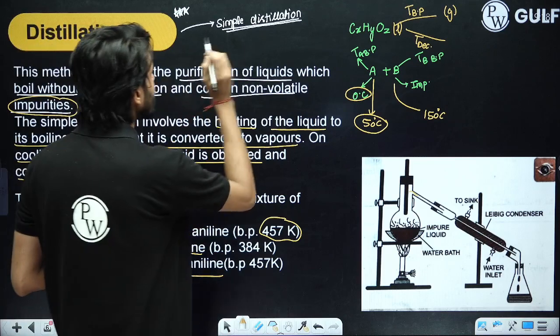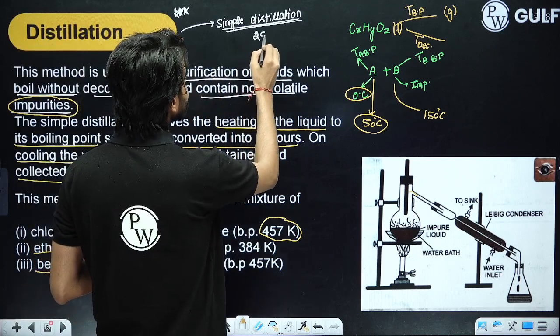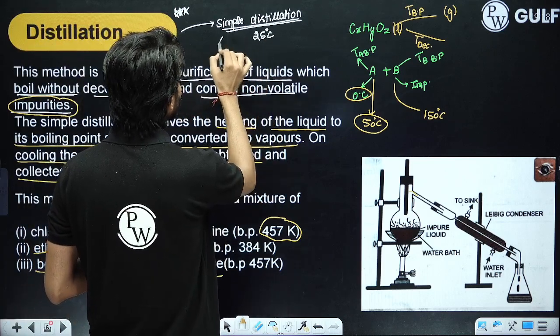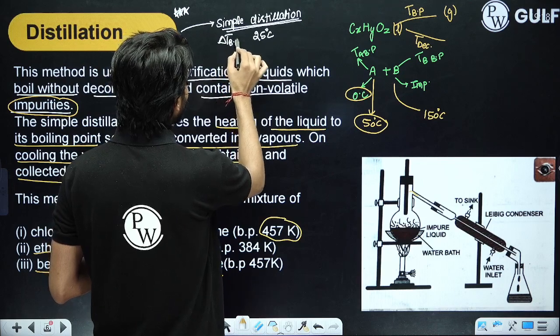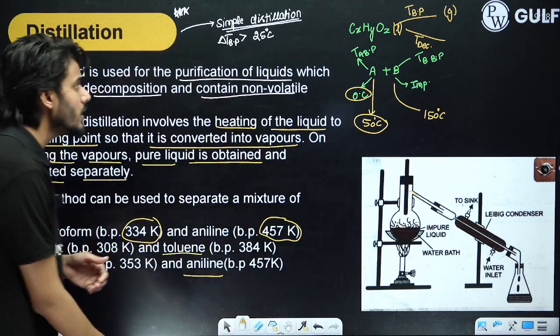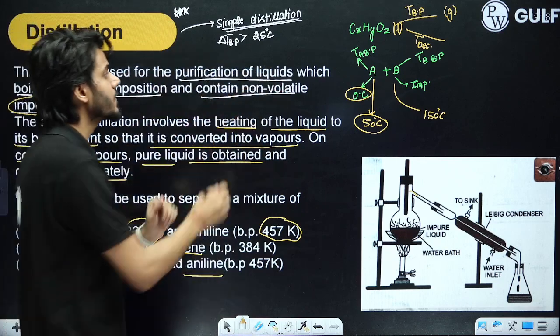Let's suppose the difference should be more than 25 degrees Celsius. Only then can you use simple distillation.